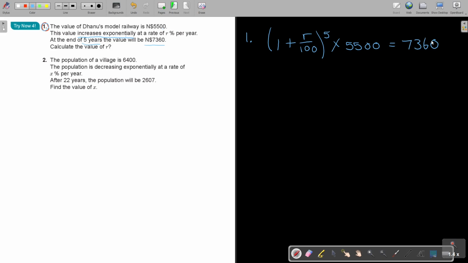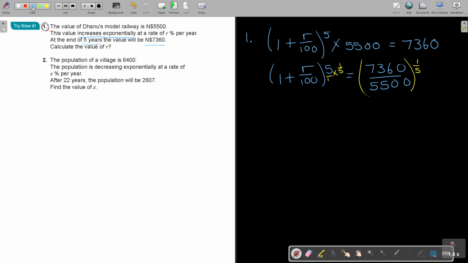So what do I do? I'm first going to say 1 plus R over 100 to the power 5, and I'm going to divide on the other side. Okay, now to make that 1, I'm going to put it over 1. I multiply 1 over 5. So I put in bracket and I multiply 1 over 5.